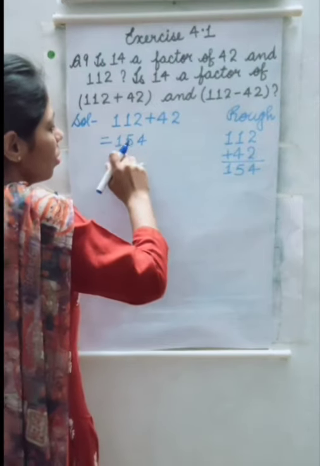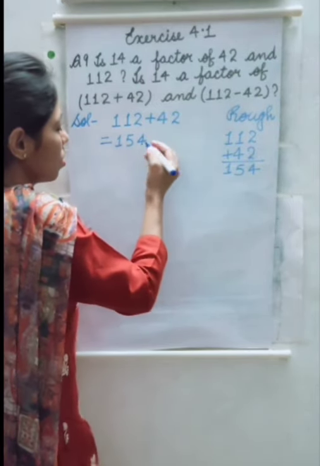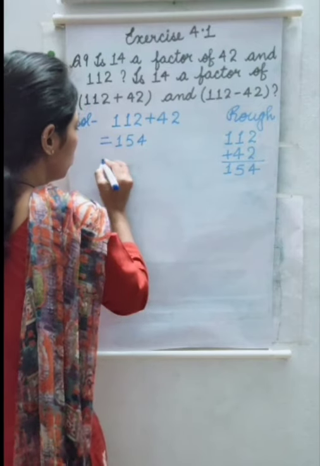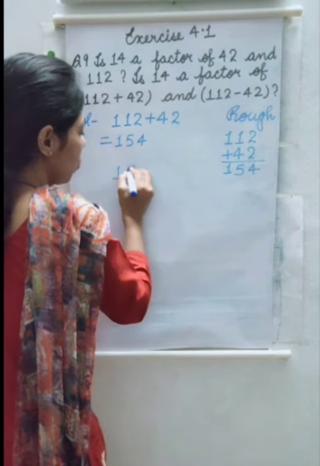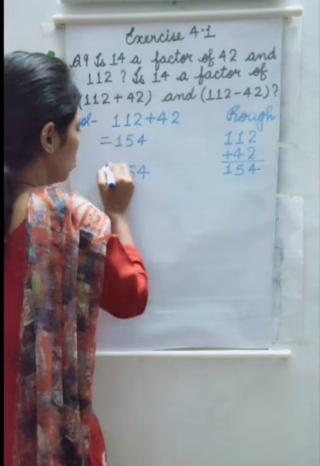Now for checking whether this 154 is divisible by 14 or not, let's divide this 154 by 14.